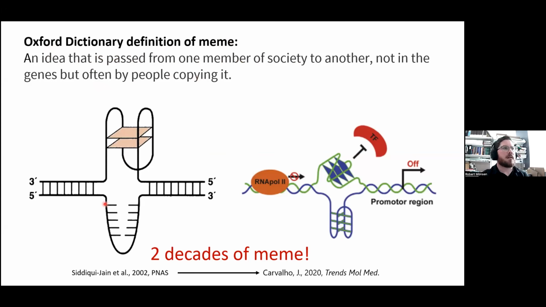And so in 2002, this was the first quadruplex in a duplex context schematic rendering in the literature. And it turns out that as of two decades later, we're still drawing it the same way in all of the publications when we're showing our different schematics and models for our systems.